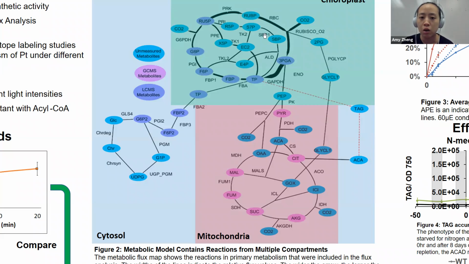And by using this flux map, ideally we would be able to predict bottlenecks in our system and changes in our metabolism of the diatom under different conditions. And there are two sets of instruments that we use to measure these metabolites. One is the GCMS, which we typically get TCA cycle and amino acid, and the LCMS, which consists of the Calvin cycle metabolites.